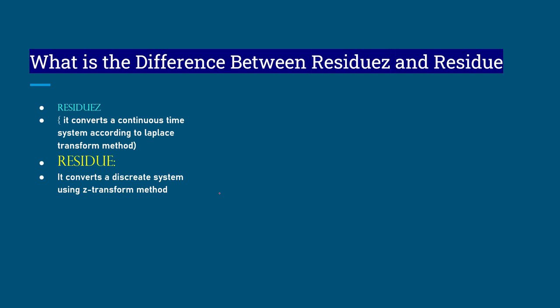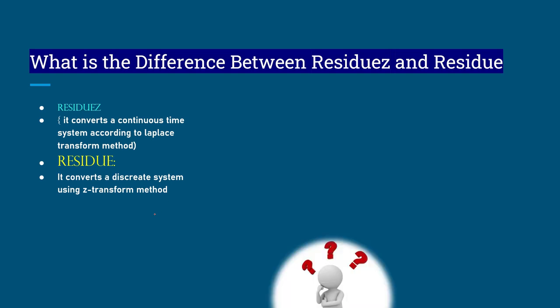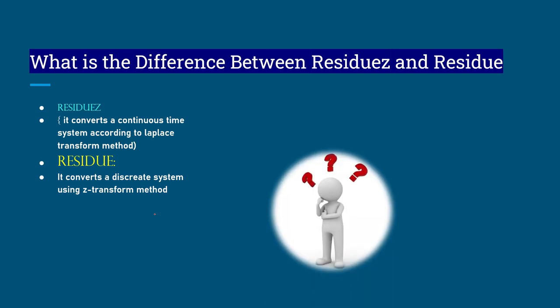Residuez converts the continuous time signal using the Laplace transform method. Residuez converts the continuous time system according to the Laplace transform, and residue converts the discrete system using the Z transform method. By mentioning the extra z itself, it turns out in a different manner.